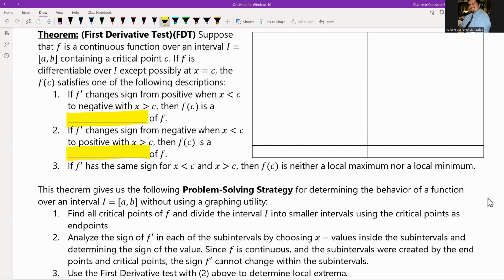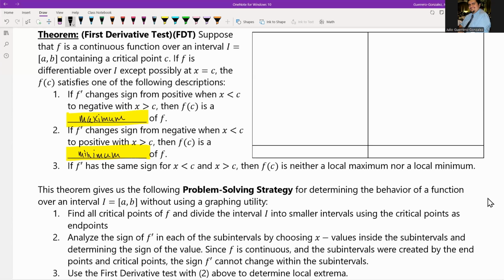Then what we have here is a maximum at x equals c. The second option: suppose f prime changes sign from negative to positive. Before your critical value it is negative, and after it's positive. Then you have a minimum.